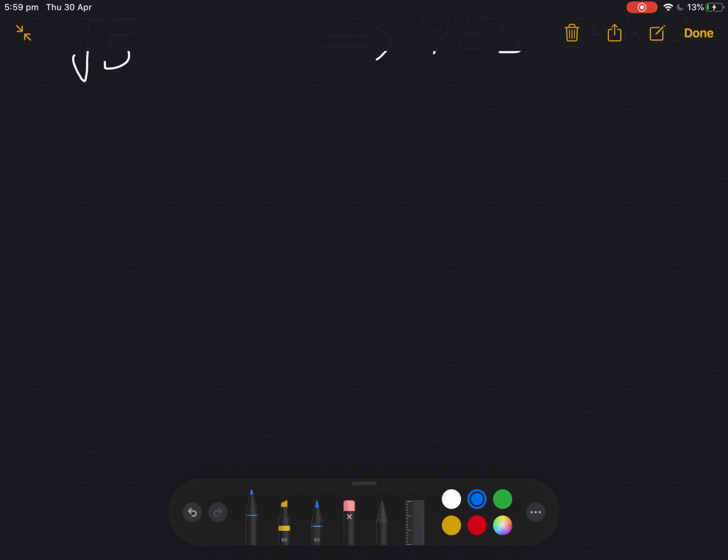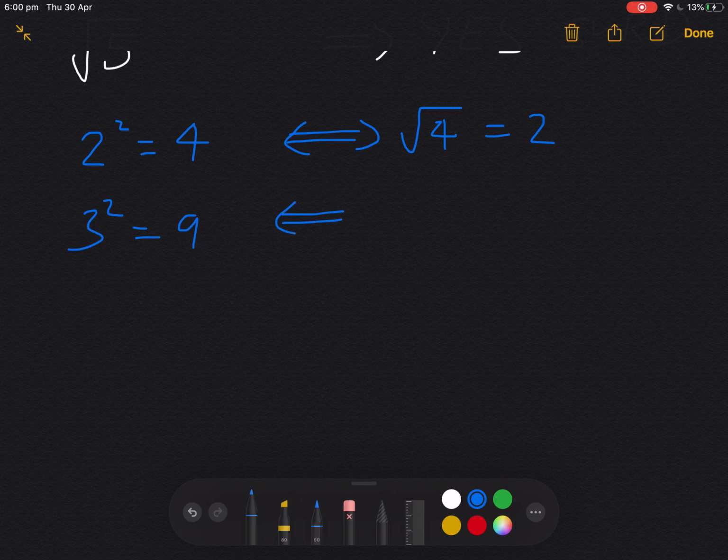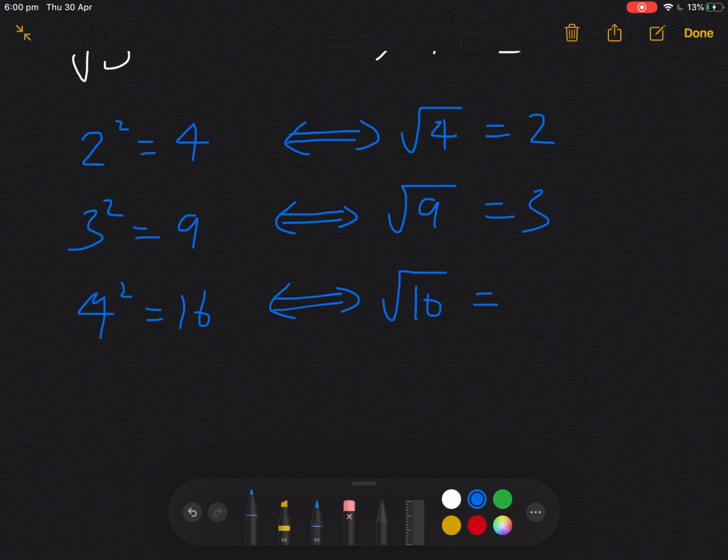So you need to have these things clear in your head. 2 squared equals 4, and this is equivalent to the square root of 4 being 2. 3 squared equals 9, and this is equivalent to the square root of 9 being 3. 4 squared is 16, and this is equivalent to the square root of 16 being 4, etc. Okay, this continues on. So you need to know your square numbers, and you need to know the square roots of those square numbers.